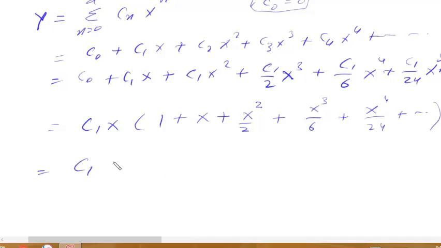Then this is c1 times the series of e to the power x. Okay, this is the solution.